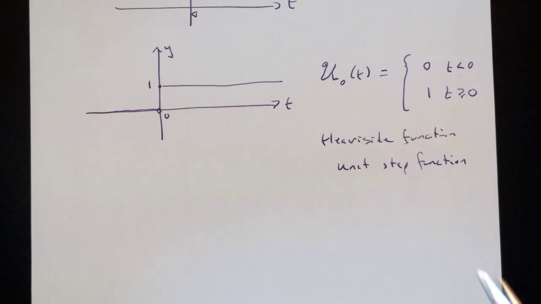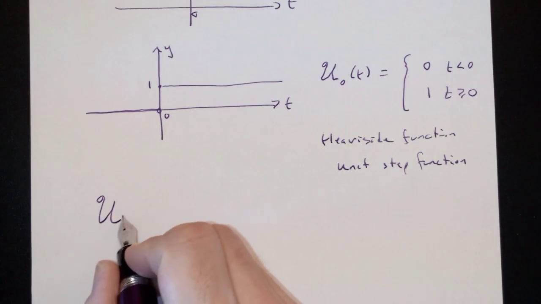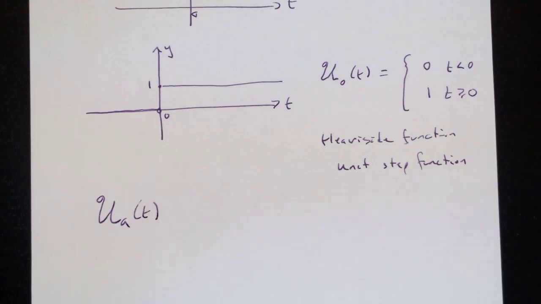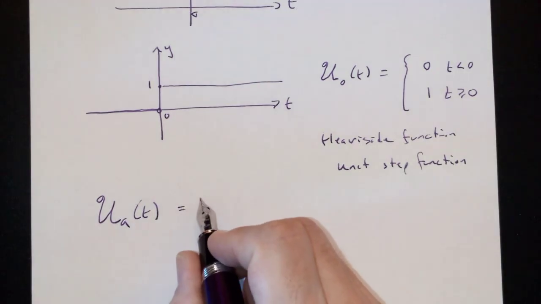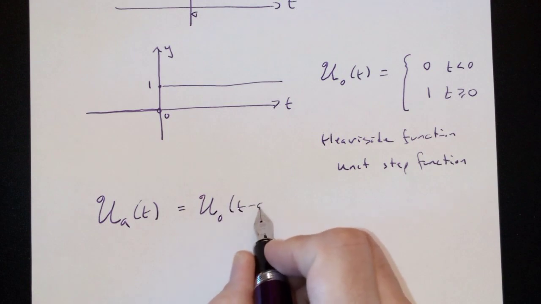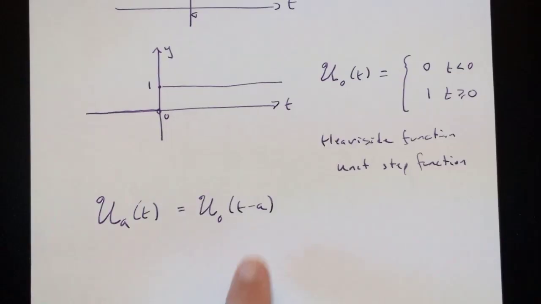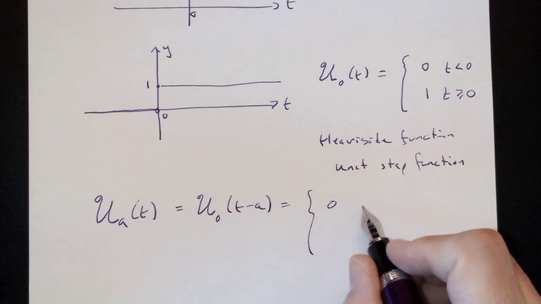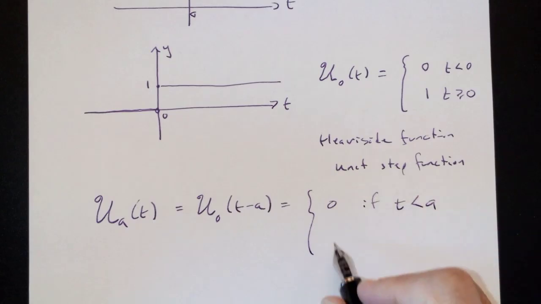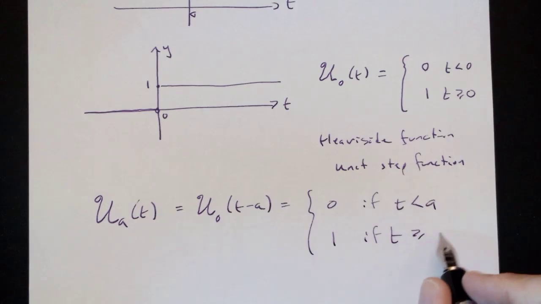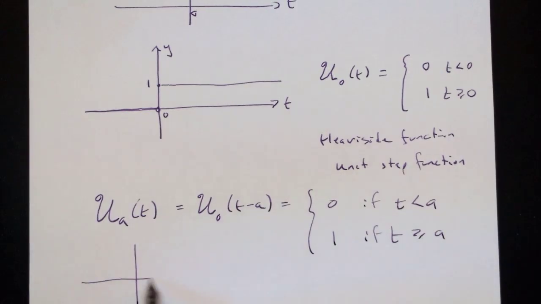So let's modify this just a little. Let's define UA of t to be U0 of t minus a. Oh, we're shifting over. 0 if t is less than a, 1 if t is bigger than or equal to a. So this is my new shift function.